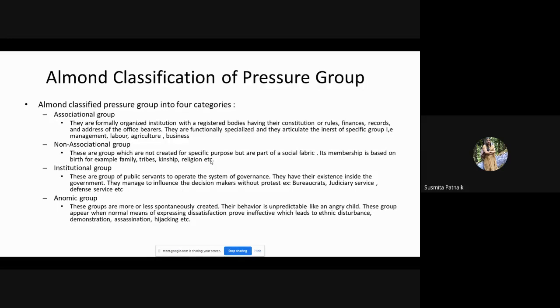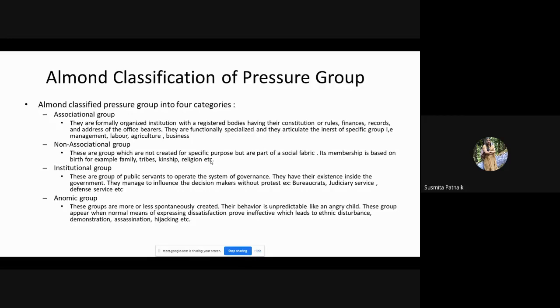Their membership is by birth, by tribe, by kinship, or by religion. These are called sectional pressure groups.